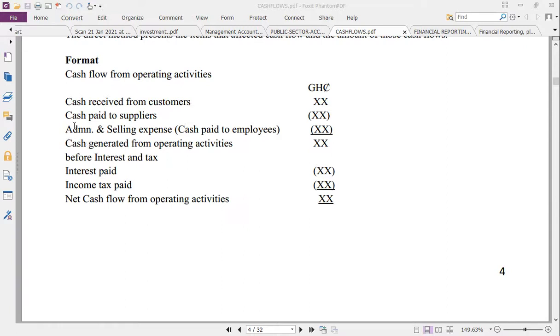Then you list operating expenses paid, which include admin and selling expenses paid and wages and salary paid. Please, if there's any item made up of non-cash items, impairment and the rest, provisions, ignore. Do not add them to it. Exclude all those items.